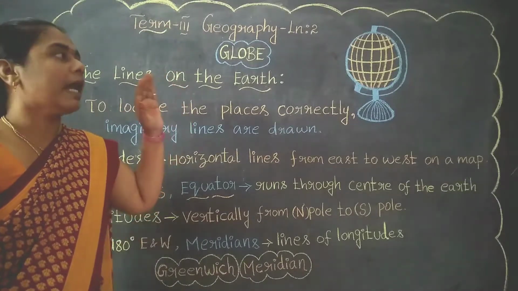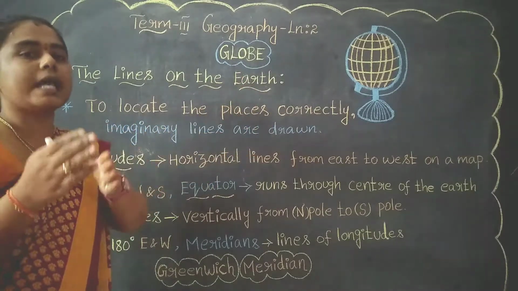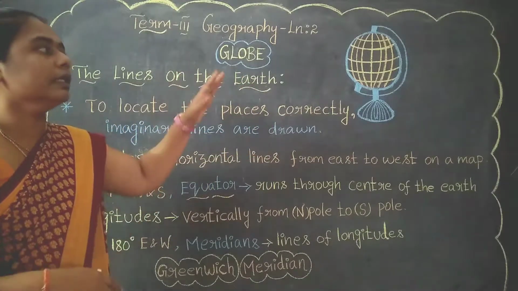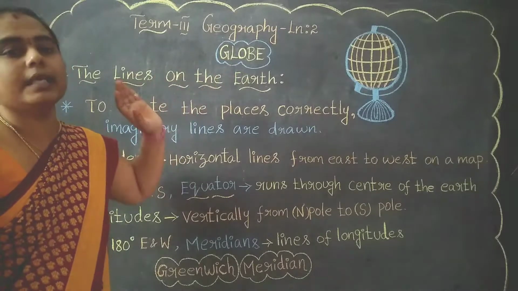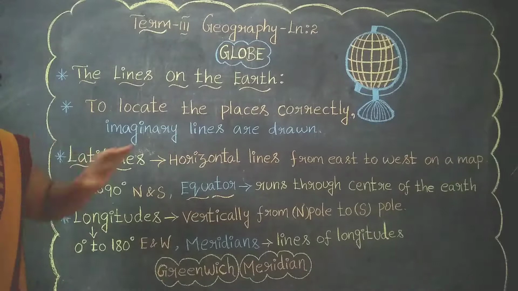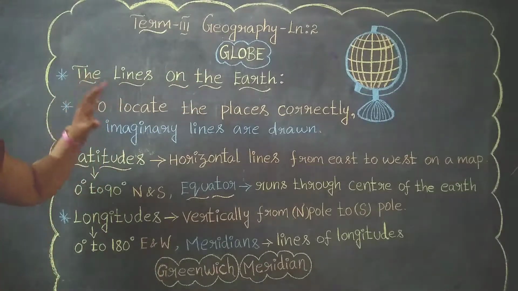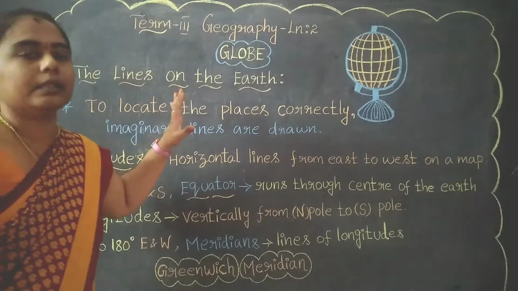So in order to know the shape and size of the earth, they have created this with an accurate, specialized scale. So this is the actual shape of the earth, right?